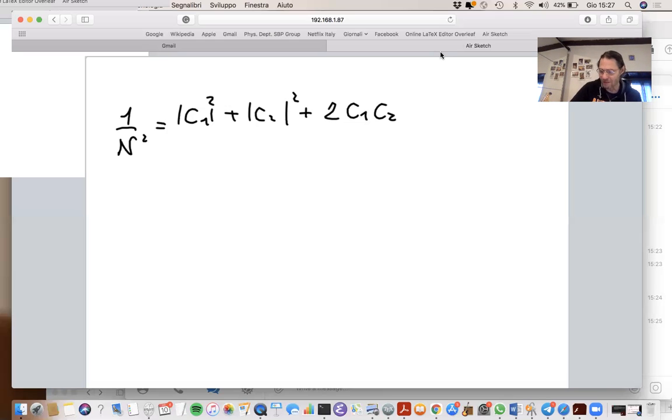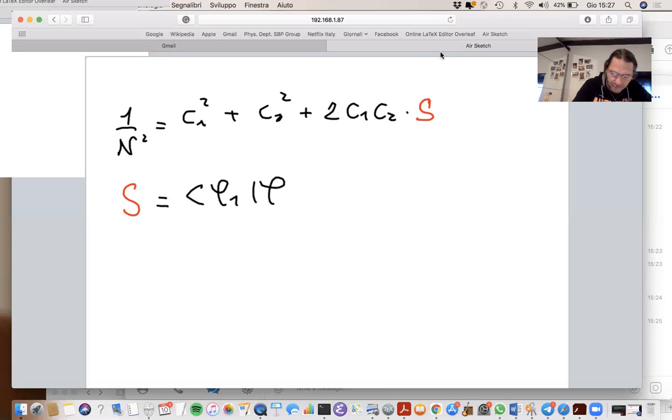But let's assume C1 and C2 are real for the sake of simplicity. I think you can do that if the Hamiltonian is real without any loss of generality. And this multiplies this matrix element S, and the matrix element S is in fact the integral of phi 1 phi 2.